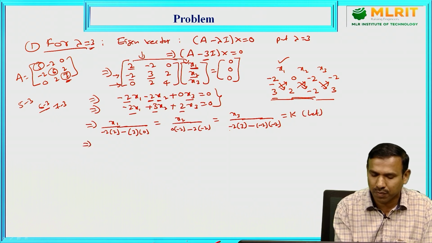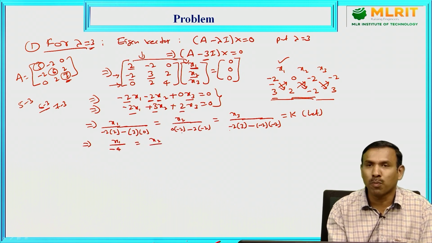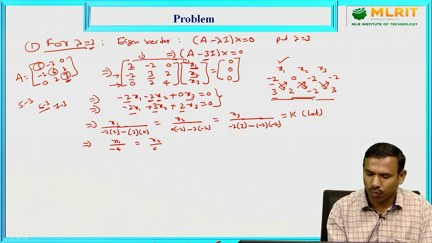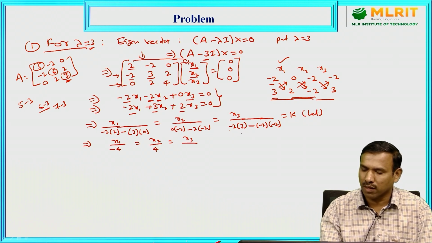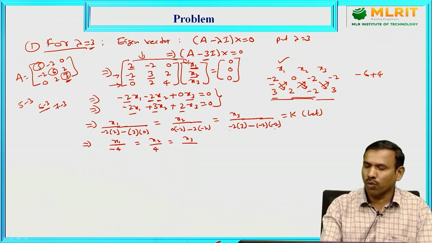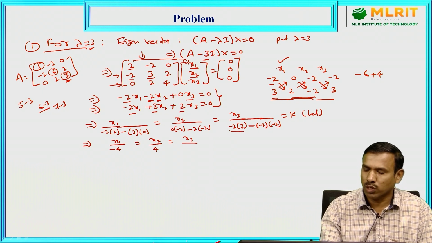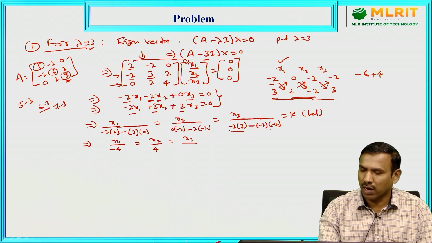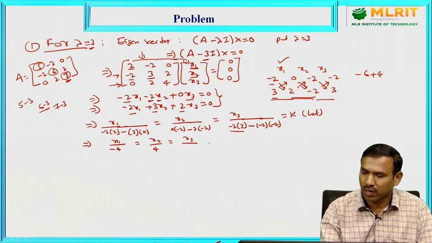Now let us simplify. x1 by minus 2 into 2 is minus 4, minus 0. x2 by 0 into minus 2 is 0, minus of minus 4, that is 2 into 4. x3 by minus 2 into 3 is minus 6, minus of minus 4, that is plus 4, so minus 6 plus 4, that is 2, which is equal to k.